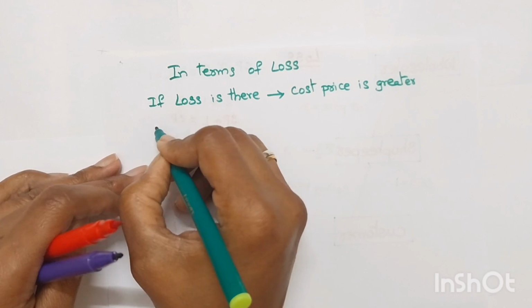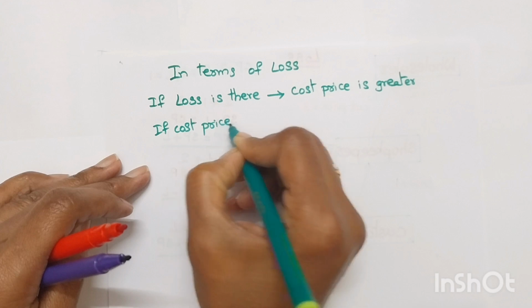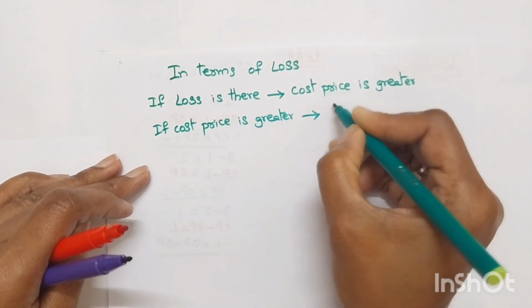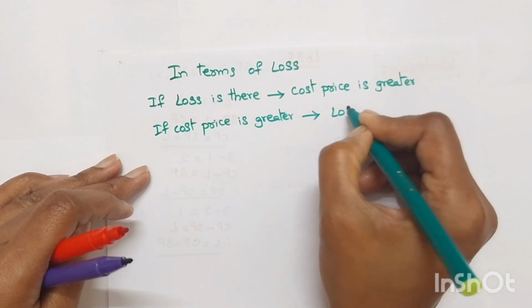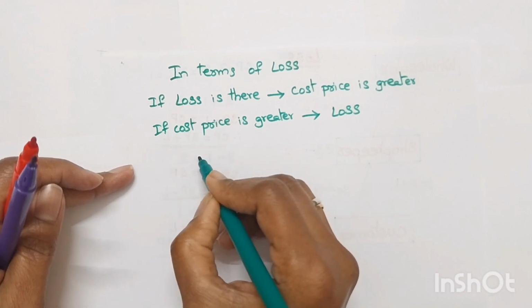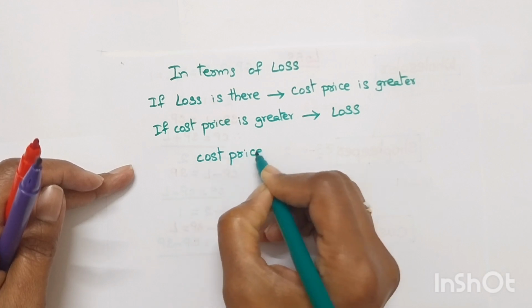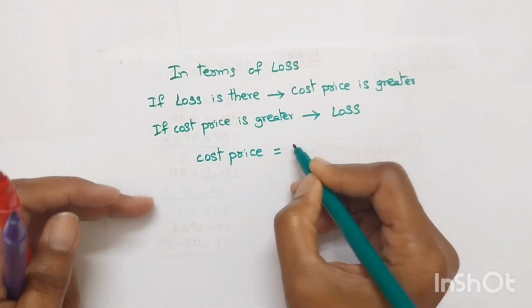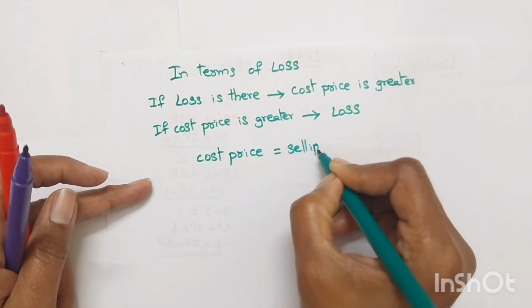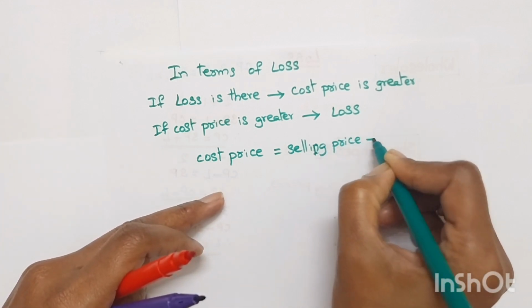In other words, if cost price is greater, there is loss. So the greater value equals the addition of the remaining two: selling price plus loss.